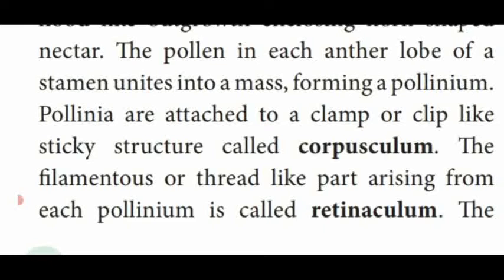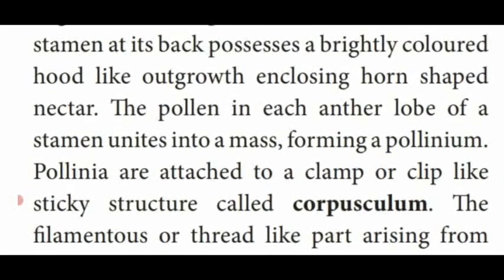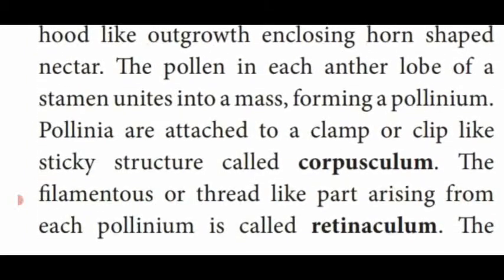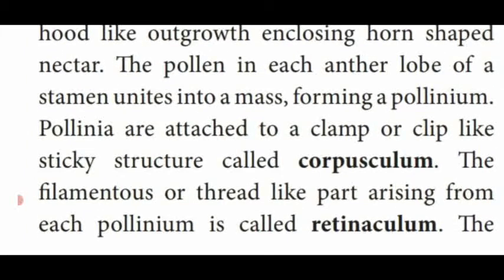Each stamen has a brightly colored hood-like structure at the back, enclosing the horn-shaped nectar secreting gland. Also, the pollen grains of all the 5 stamens are fused together to form a special structure called pollinium.